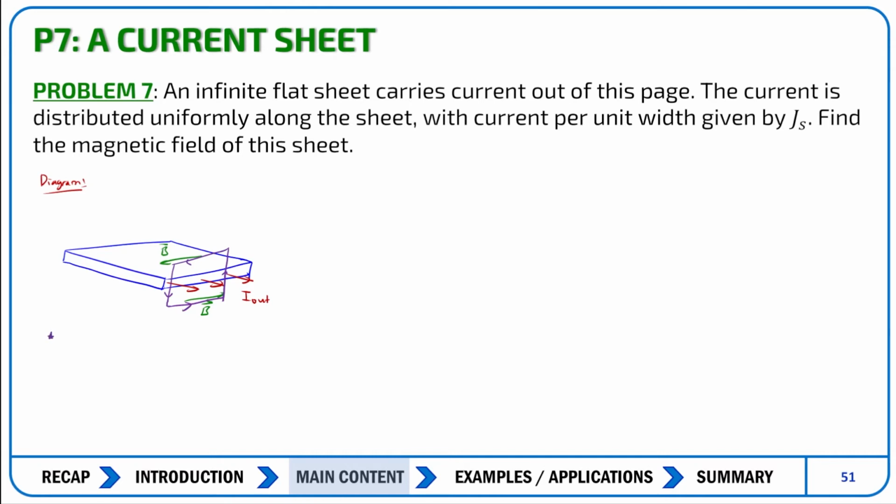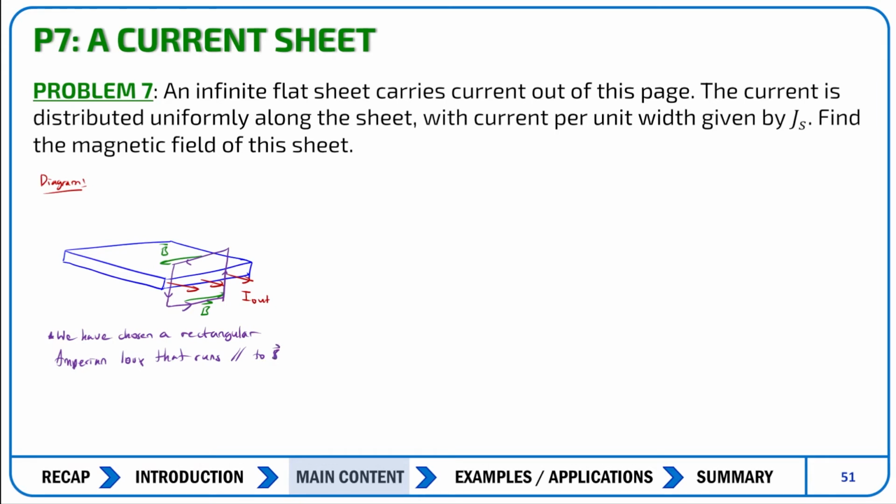So just as a note, we have chosen a rectangular Amperian loop that runs parallel to B.